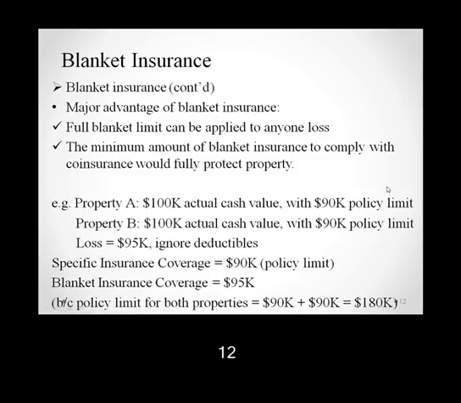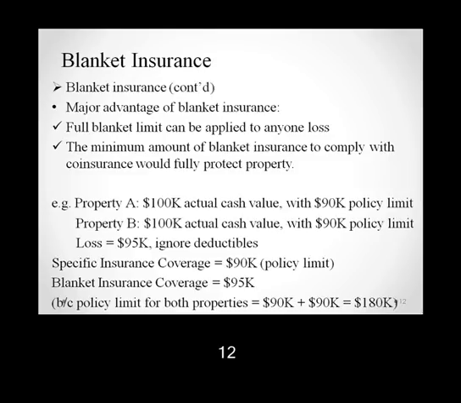For example, you have two properties, both of them worth $100,000 as actual cash value, and you purchase $90,000 of policy limit for each of them. Basically that complies with the 90% co-insurance requirement from blanket insurance. Suppose your loss is $95,000. Ignore all the deductibles.